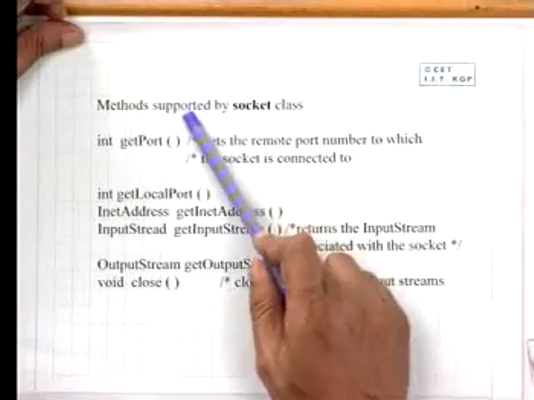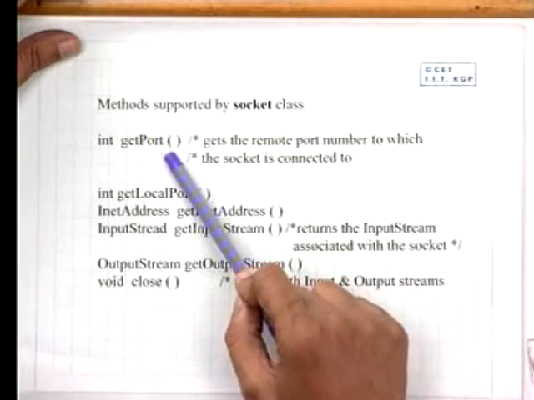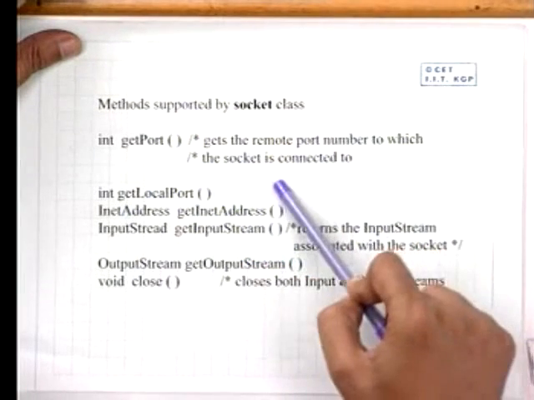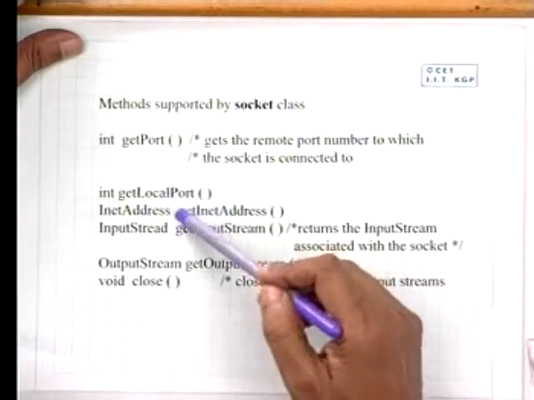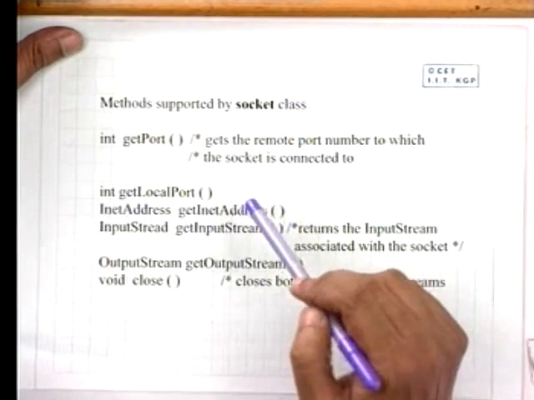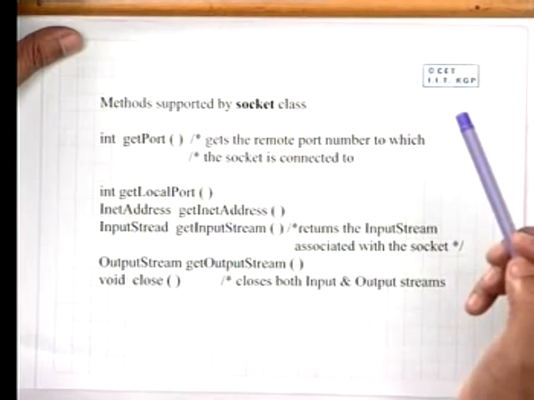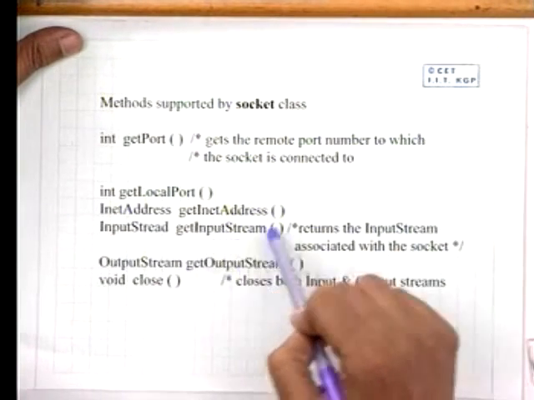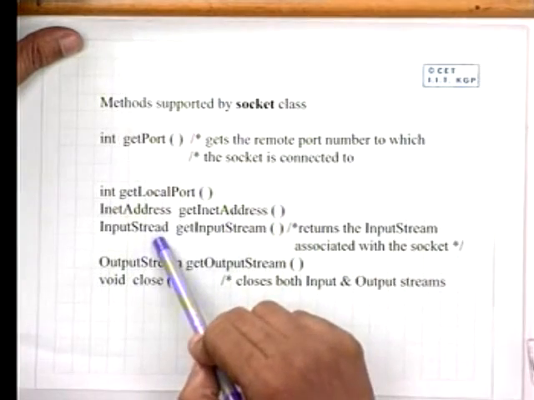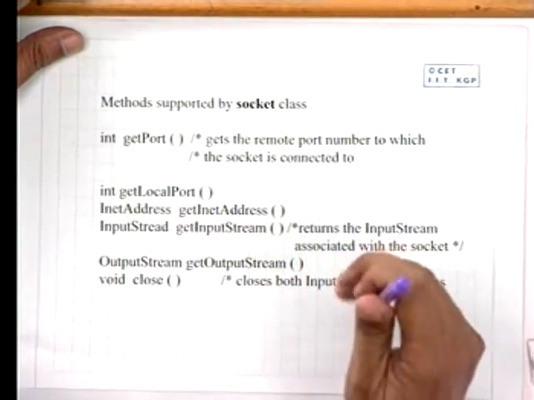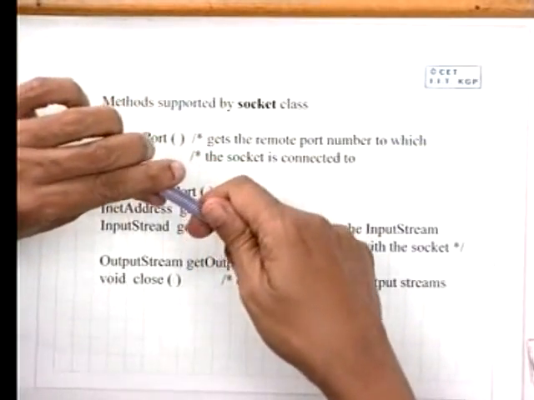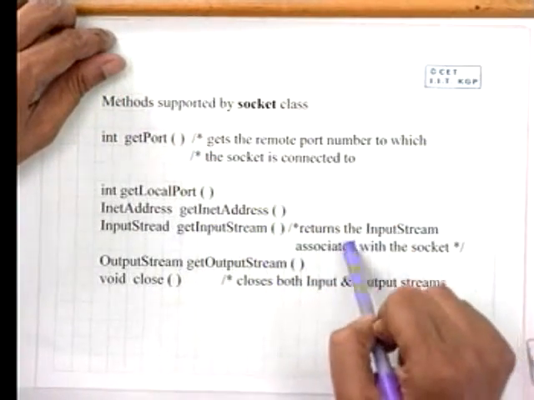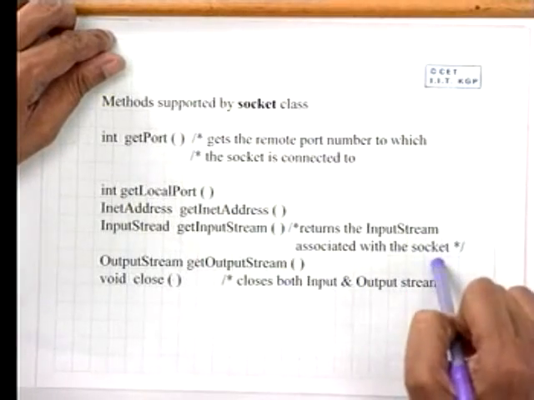The other methods that are supported in the socket class are something like this. For instance, methods supported by the Socket class are getPort, to get the remote port number to which the socket is connected, getLocalPort, to get the local port number, getInetAddress, which is the INET address associated with the socket, and similarly getInputStream. getInputStream returns the input stream associated with the socket.